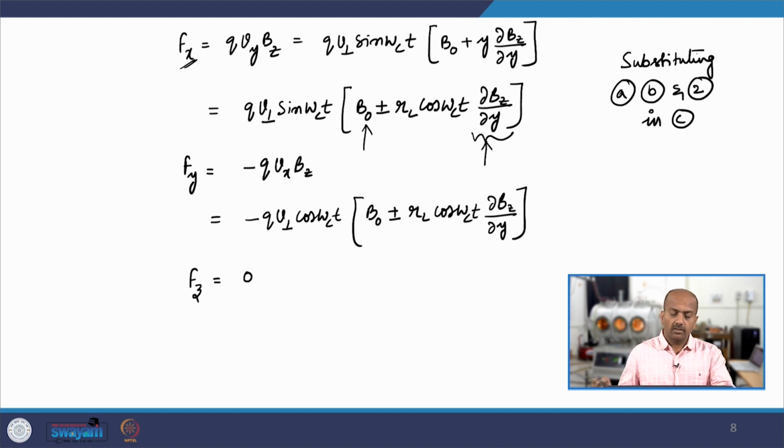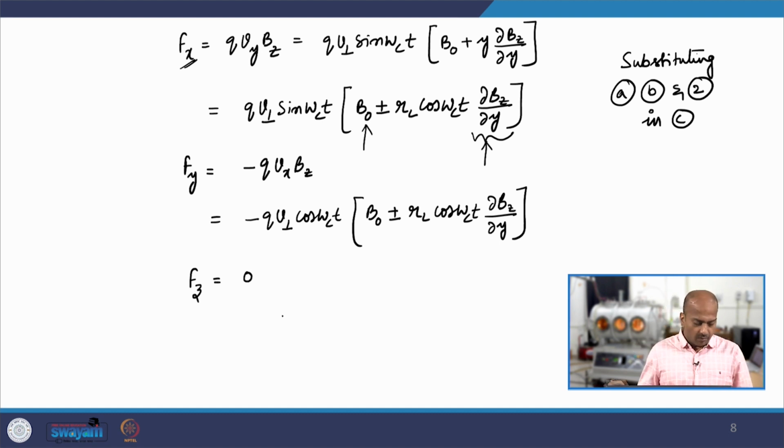You see, plus minus. Plus minus is there to accommodate the polarity of the charge, but otherwise one thing is clear, we have an additional term appearing in the force expression which conveys the message that the particle is experiencing additional force because of the gradient or change in the magnetic field.